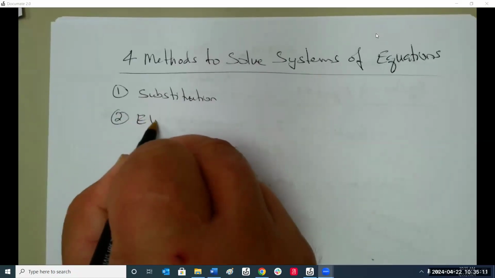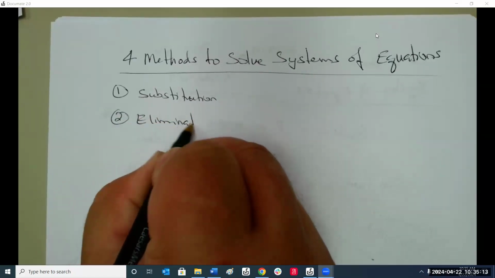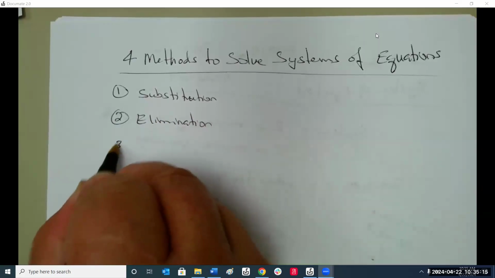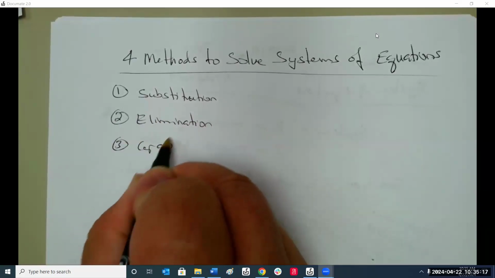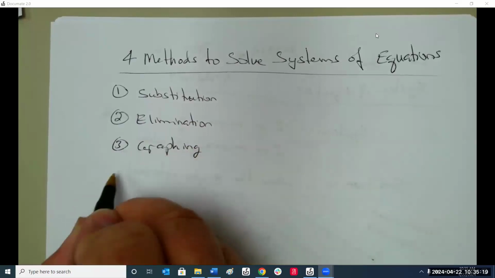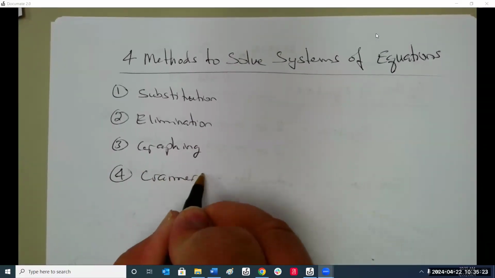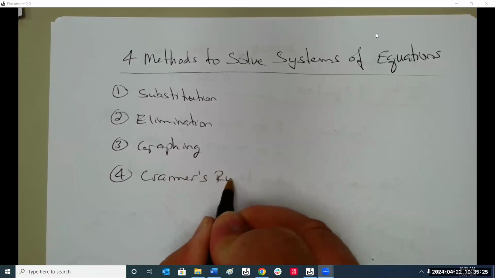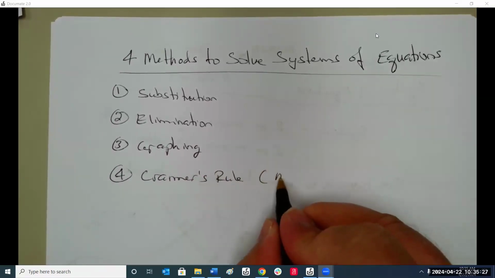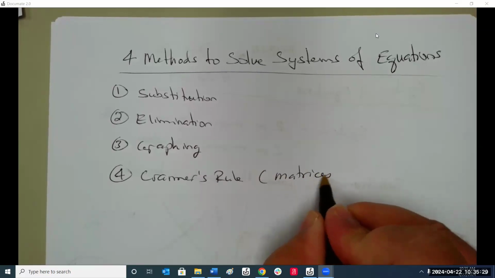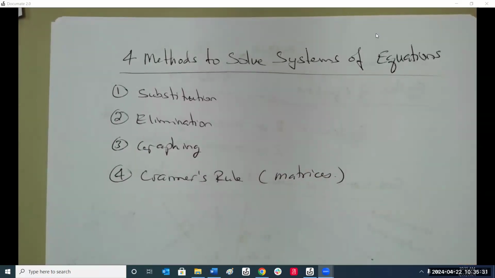One is elimination. One is graphing. And the other method is called Cramer's rule. It uses what we call matrices.